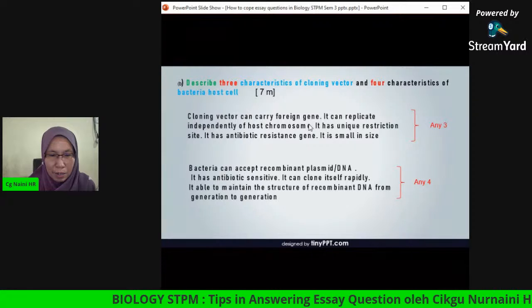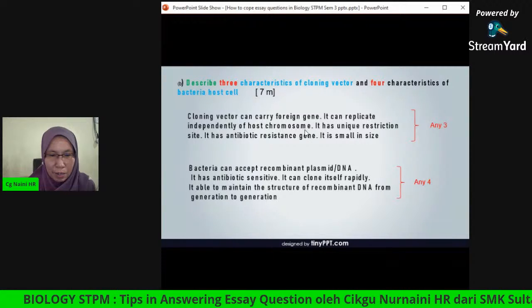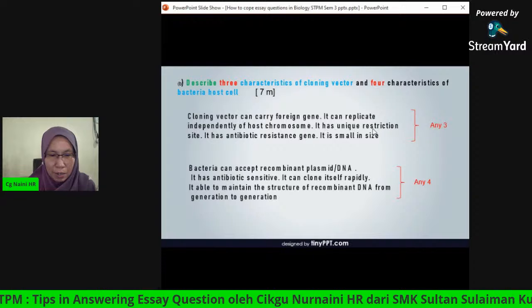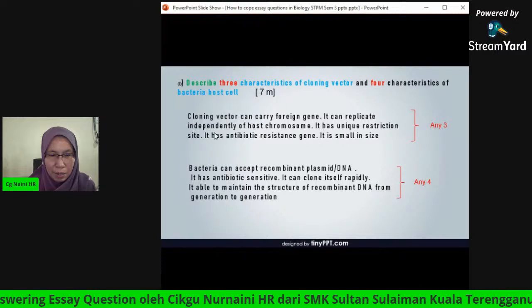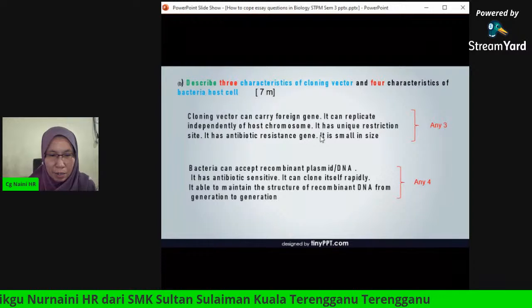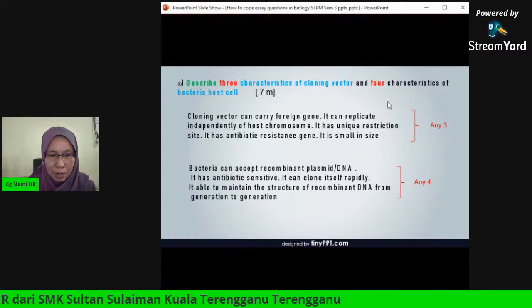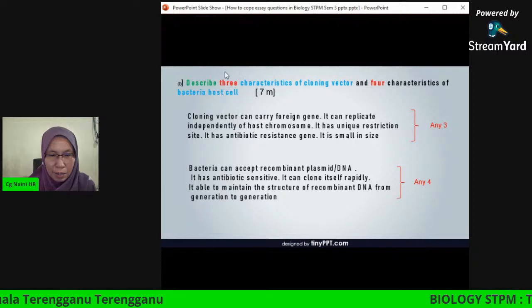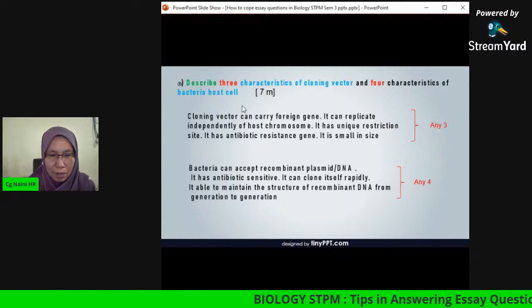It can replicate independently of host chromosome. It has unique restriction site. And 4, it has antibiotic resistance gene. Any small in size. Any 3, because they only need 3. So you give only 3, not more than that. Don't give more because it will make more mistakes for you.